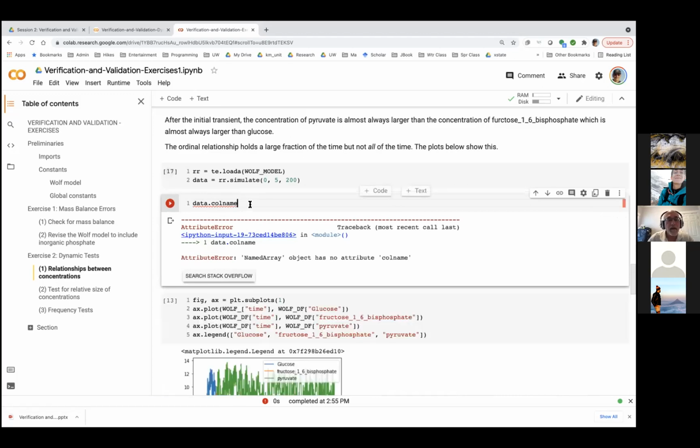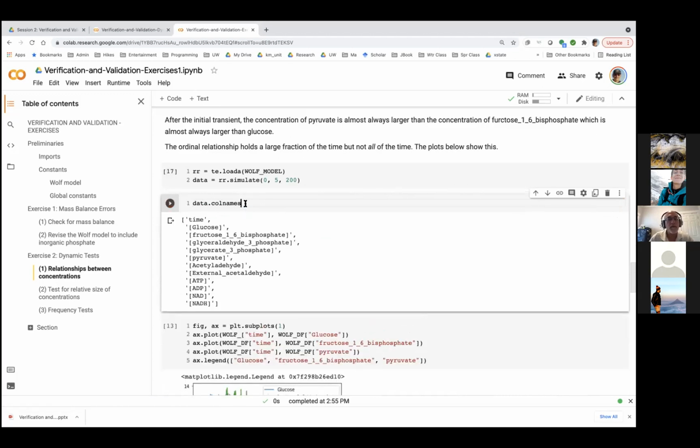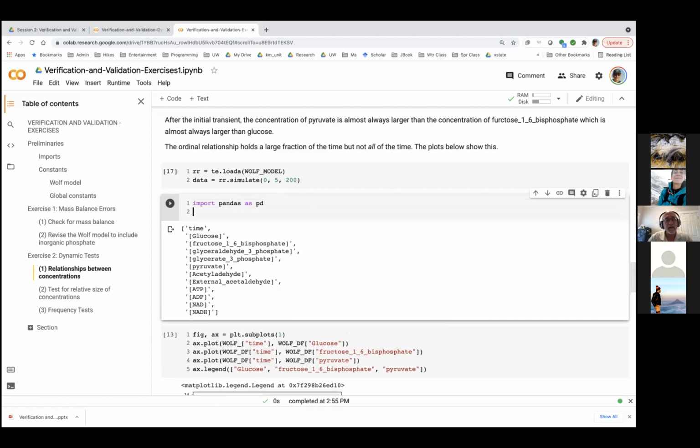If I look at that, column names, that's what it's called. Those are the actual names of the columns. To create a data frame, it's actually pretty straightforward. I believe this is going to work. First of all, you have to have the pandas package, so you say import pandas as pd. That's the common abbreviation people use for pandas. Within pandas there's something called DataFrame, and that's what we're going to make use of.